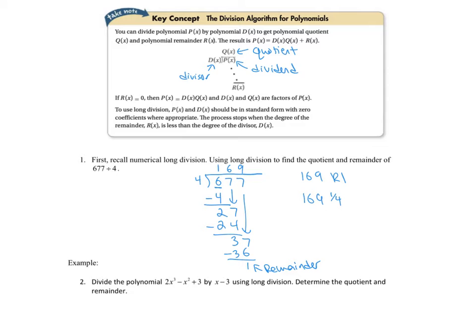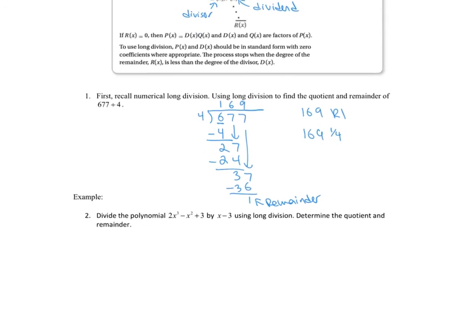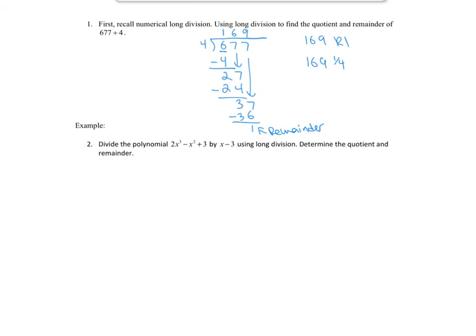Okay, so now we're going to do this with polynomials in pretty much the same way. So if we're dividing this longer polynomial by x minus 3, 2x to the third minus x squared plus 3 needs to go under my division symbol. But I need to make sure that I have a space for every power.